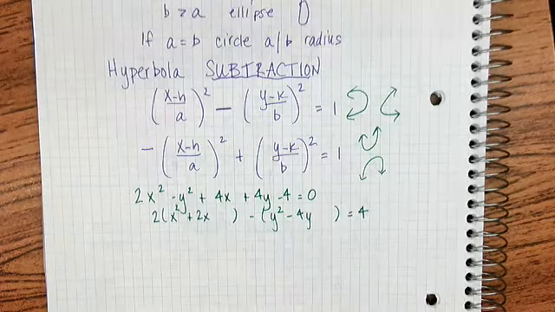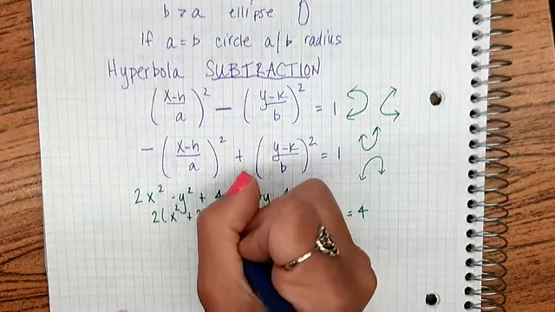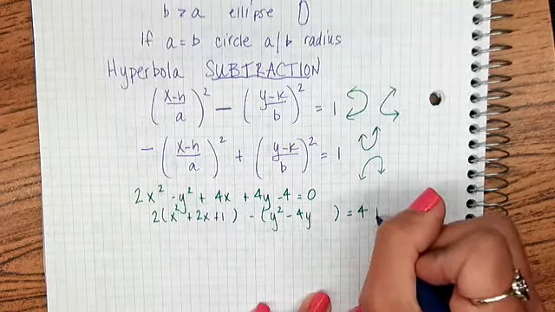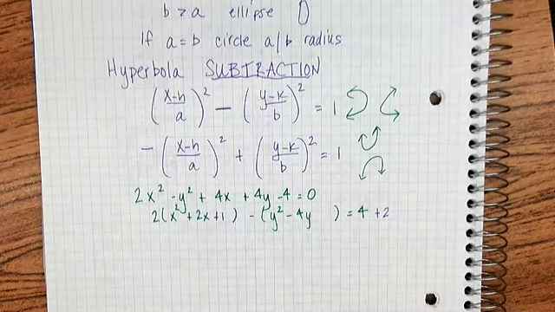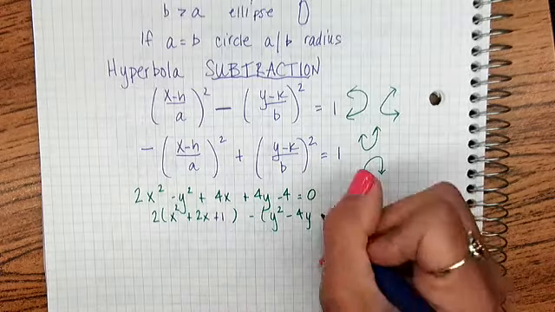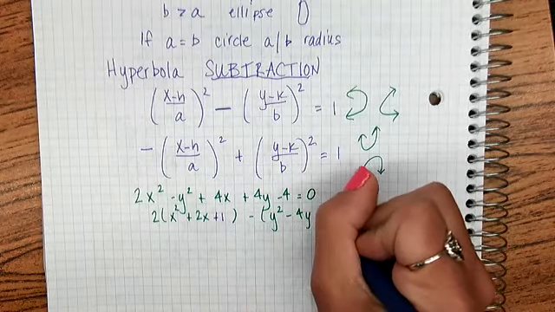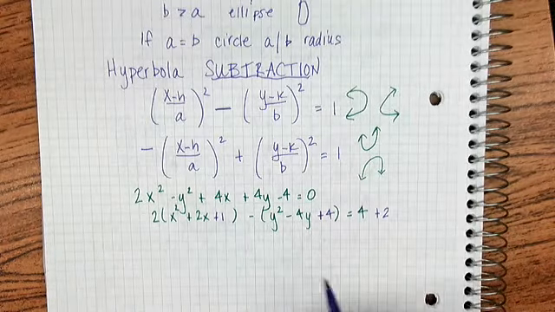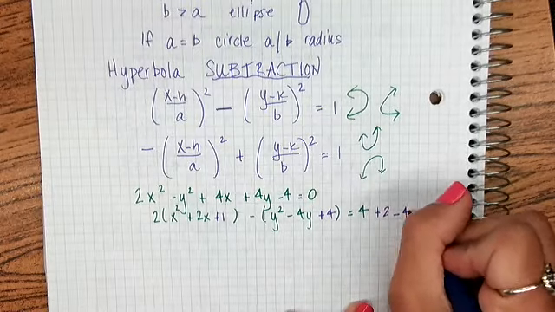Okay, so let's complete the square. So that is plus 1 and this is plus 2. Complete the square and this is plus 4, I believe. Yeah, and then this becomes minus 4.